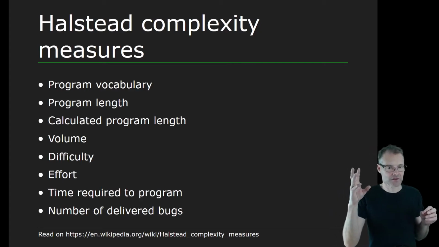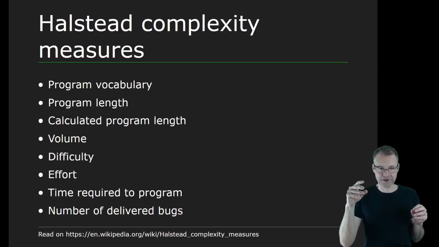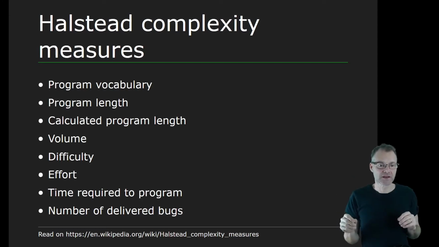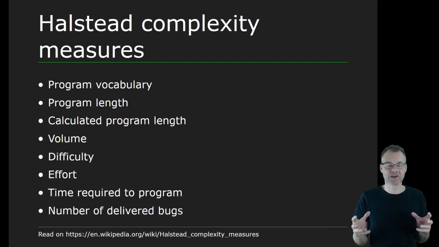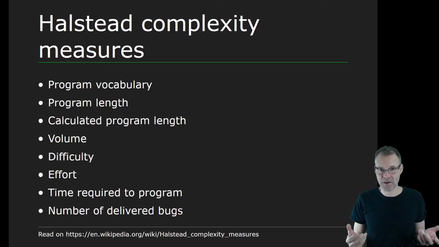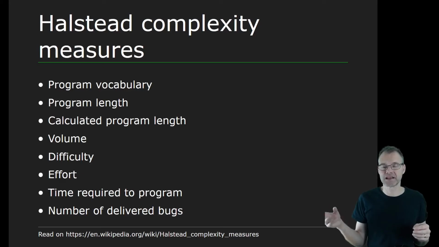We have the difficulty, so how hard is the program? Maybe that is a sort of complexity within it. How much effort would it take to write this code or build it from scratch? And the time required to program it, and even trying to measure how many delivered bugs this program will have.